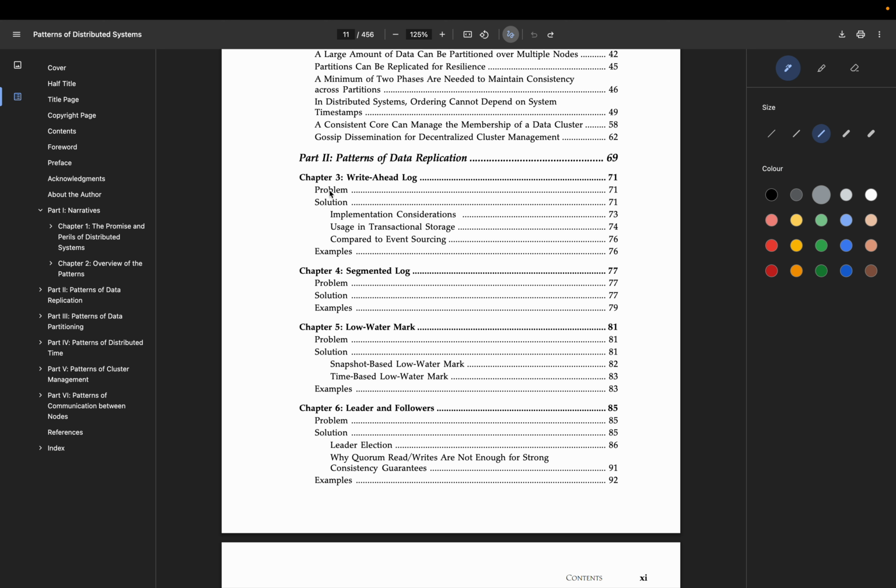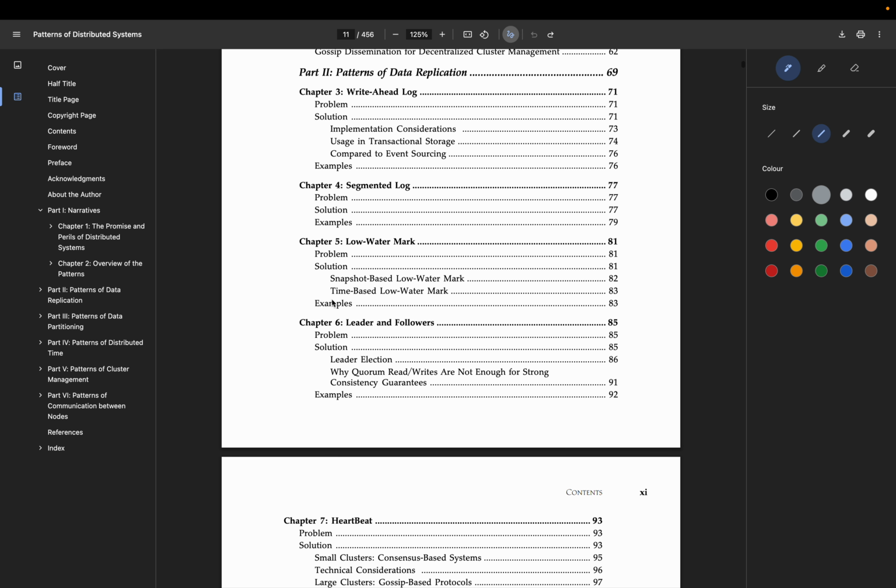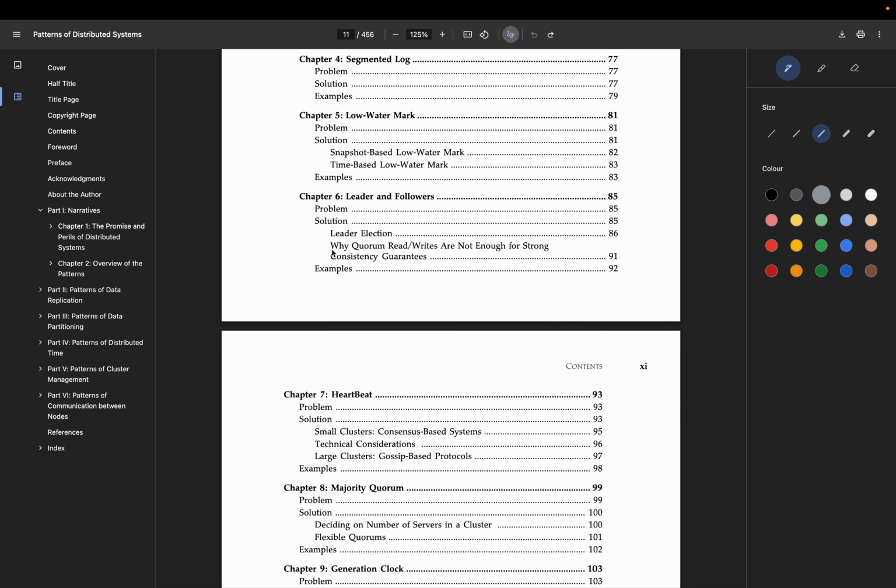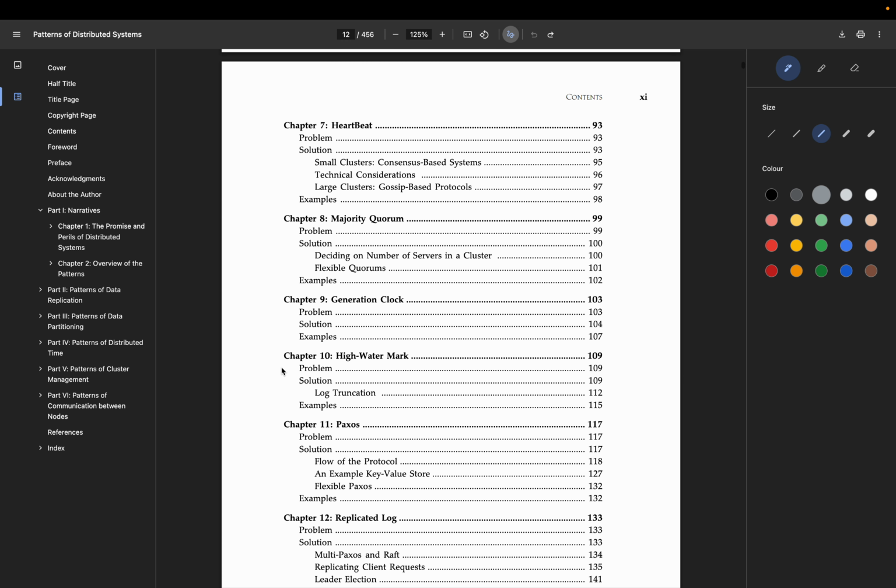They will give you a problem so that you understand why this thing came about, and why you want something like a write-ahead log, why we need that at first glance. Then implementation considerations, and compared to event sourcing, how it is different, and all these things. Examples will also be there, and solutions, what the two types of solutions are that we have. All these things are there in the chapter.